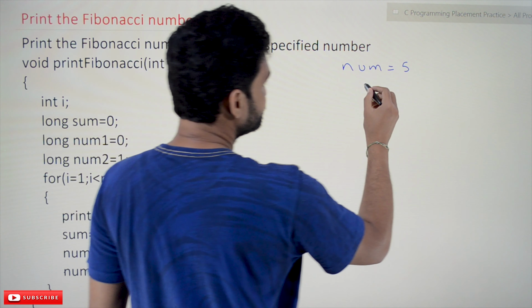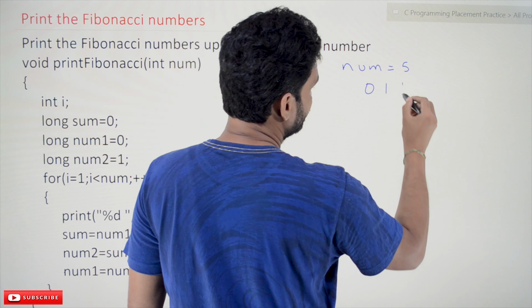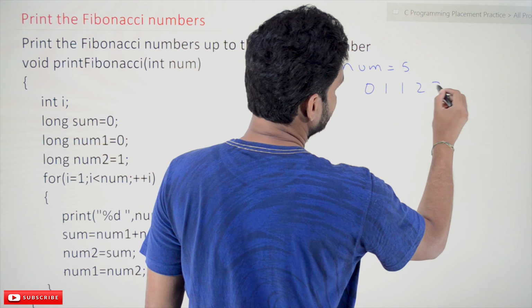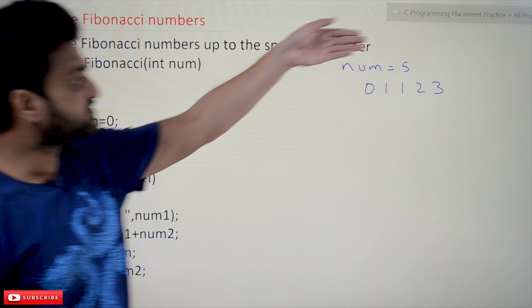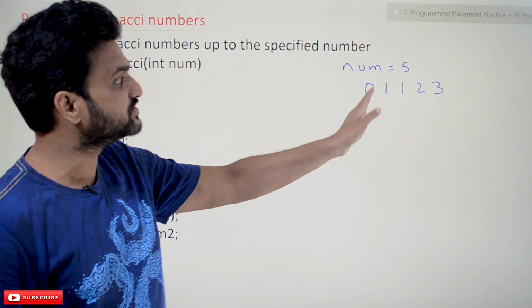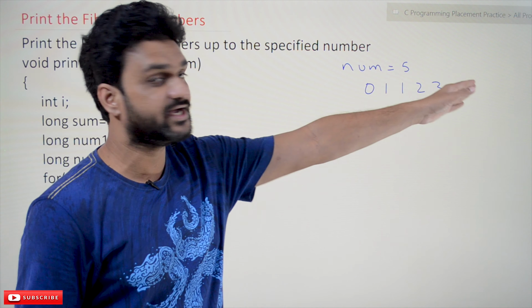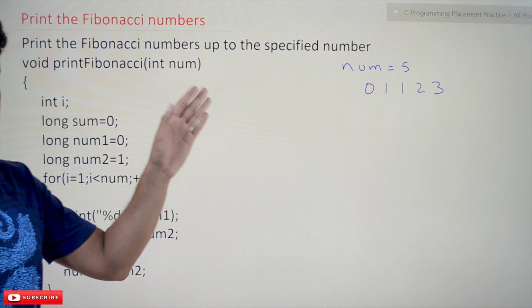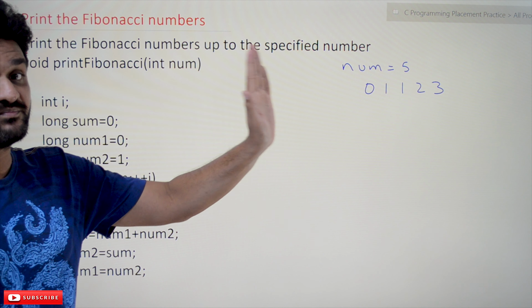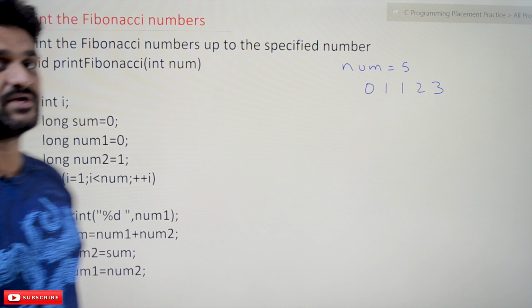So it is 0, 1, 1, 2, 3. This is what it has to print. For example, if 7 is given, it has to print 0, 1, 1, 2, 3, 5, 8. So that has to be printed until 8. All the first 7 numbers in the Fibonacci series have to be printed.